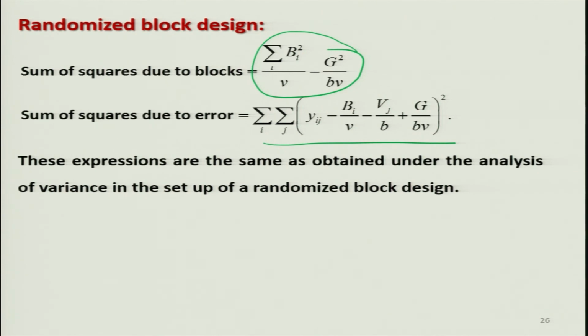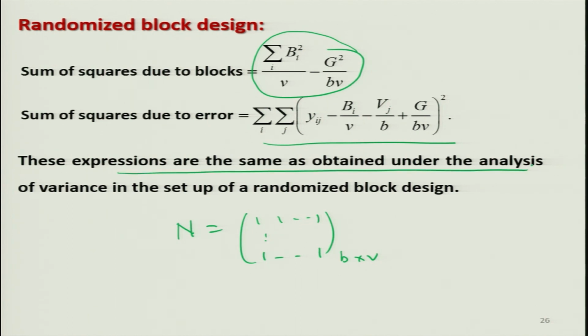And here, the incidence matrix n will be a B cross V matrix where all the elements are going to be 1. So, now you can see that all these expressions that you have obtained are the same as you obtained in the analysis of variance under the setup of a randomized block design.